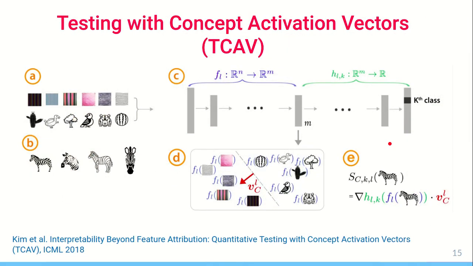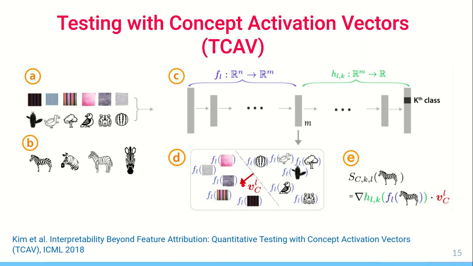And TCAV works like this. Given examples for each concept and the model, TCAV finds a representative vector for the concept using the activations of the examples.